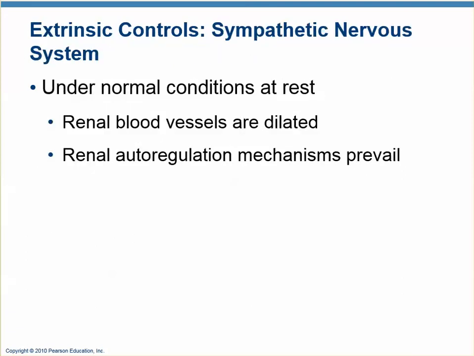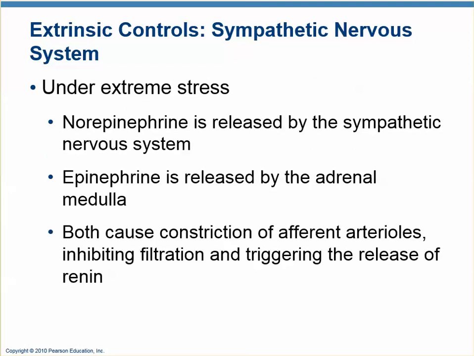In the extrinsic control, sympathetics are very much at work here. Normally the renal blood vessels are dilated and the autoregulation prevails. But if you end up sympathetic under stress, then norepinephrine is released, and epinephrine by the adrenal glands.